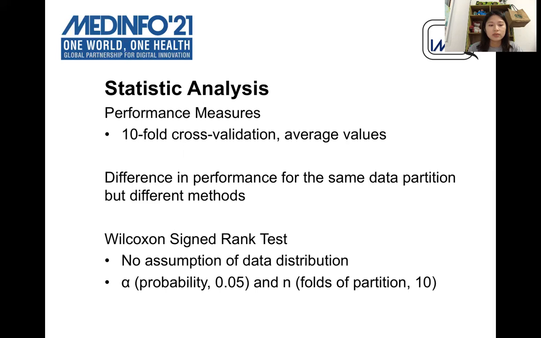The Wilcoxon signed rank test was performed on each pair of a baseline method and the proposed approach for the same data partition. The beauty of this test is that it doesn't make any assumption about the distribution of the data. The performance difference is considered to exist if the signed rank value is not more than the critical value for the given alpha and n for this study, which is 0.05 and 10.